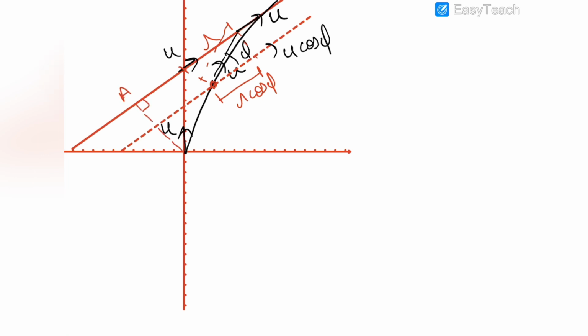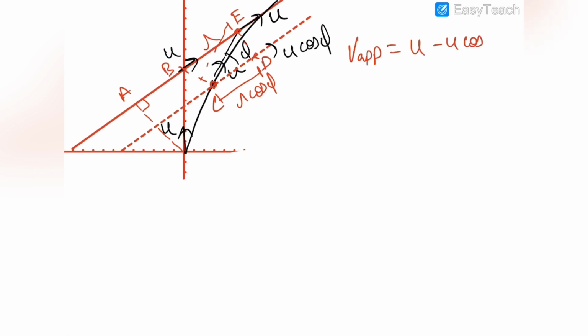This is A, this is B, this is C, this is D, and this is E. Okay, so you can see that their relative distance at this instant of time is r, and initially it was L. So the approach velocity is u minus u cos phi, which we have already discussed. This is u cos phi.